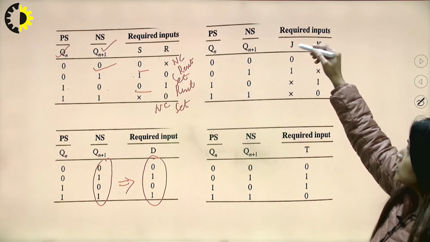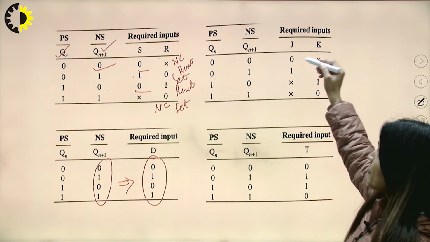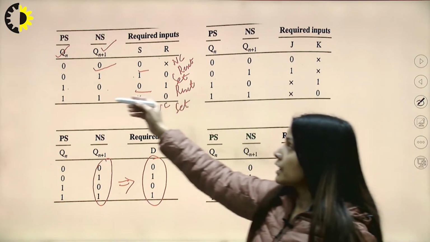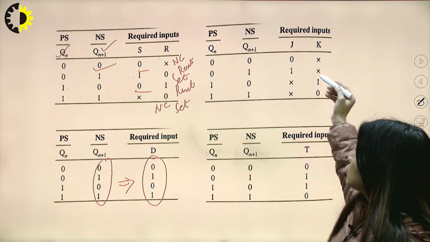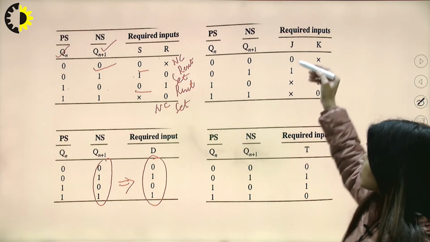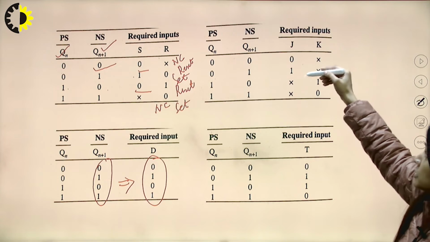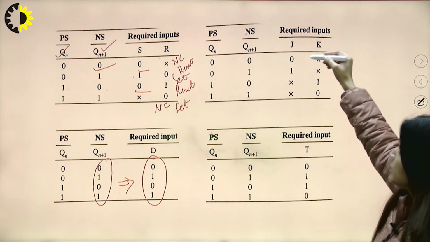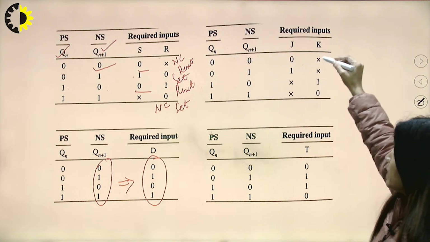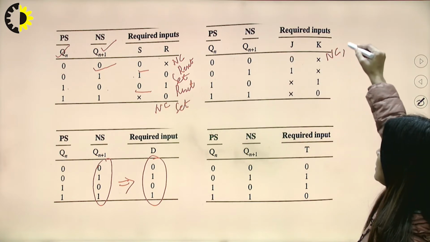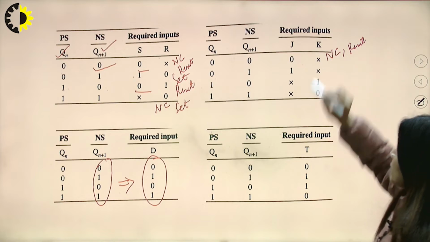Similarly, for the JK flip-flop, in the SR case the 1, 1 input is not defined, but here the 1, 1 input is defined. So we have all the conditions for this. For 0 cross, the 0, 0 may be a condition, that is for no change, and the reset, 2 possibilities.